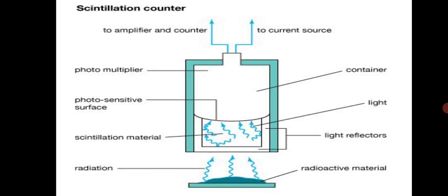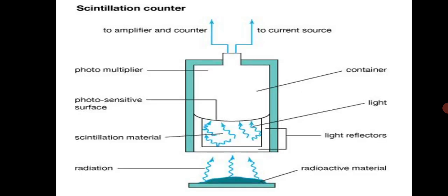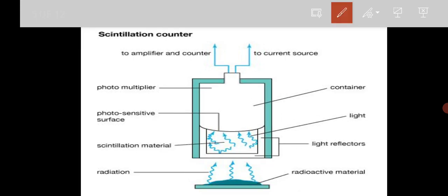Alright, so this is a schematic diagram of the scintillator or the scintillation counter, a device that is used for detecting radiation. In the first place, we must have the material that can emit radiation. So we have such a material here.